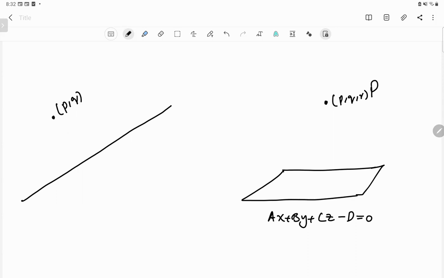Look at the left hand side, ax plus by plus c is equal to 0. This represents a line, and this is the point, and we want to calculate the shortest distance between the line and the point.